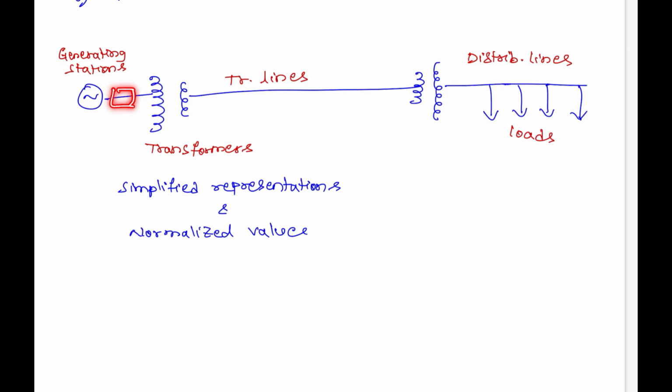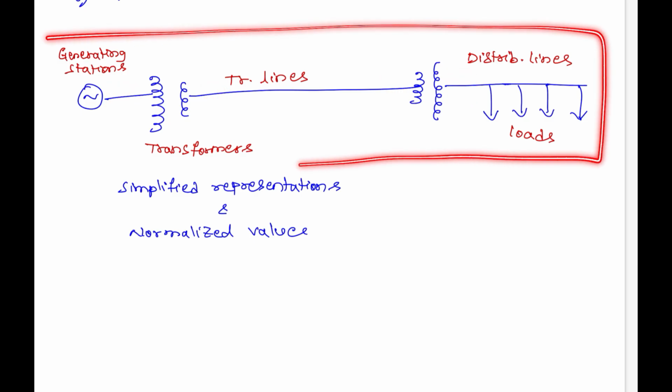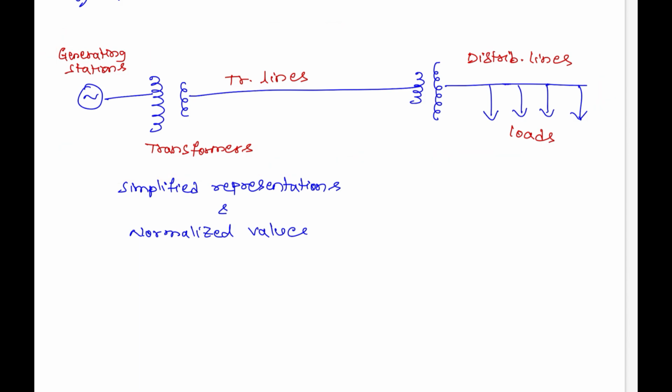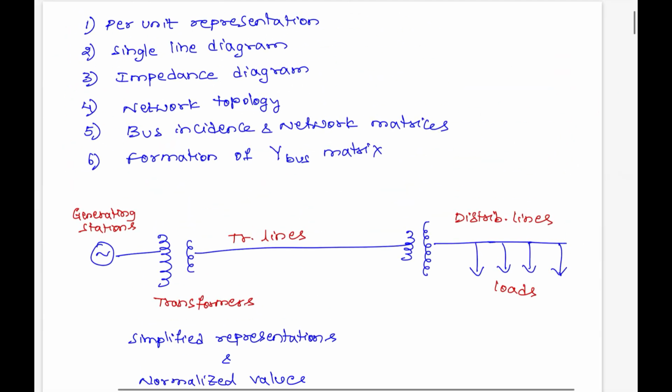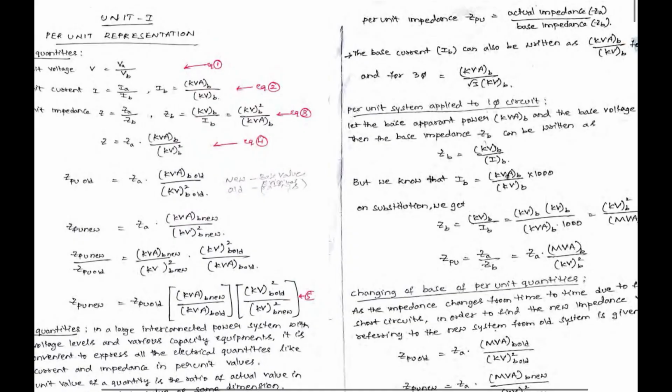So we have to convert the entire power system network to a common base kVA and common base kV. If you go through one or two numerical problems, you can get a clear idea about it.